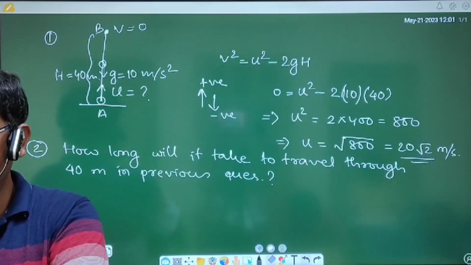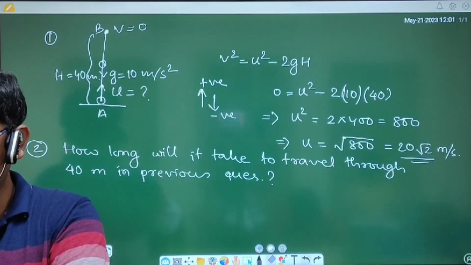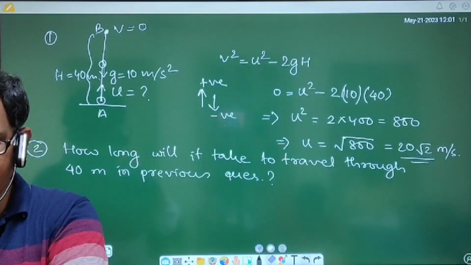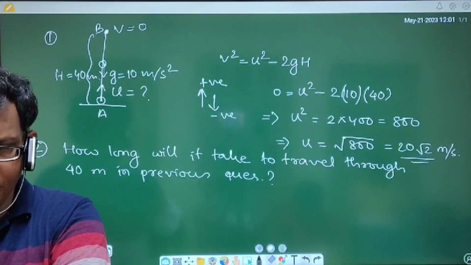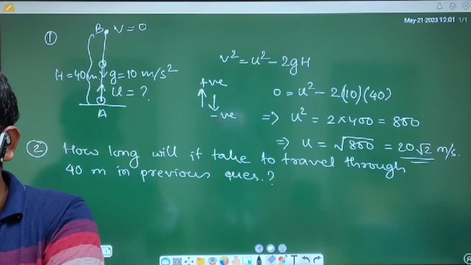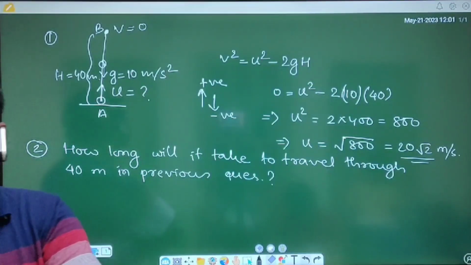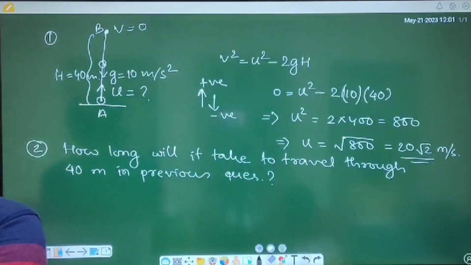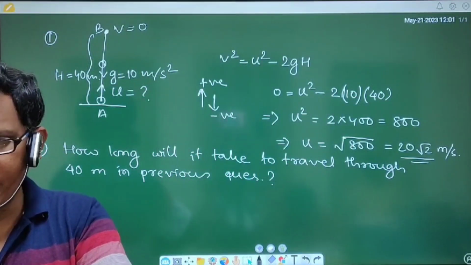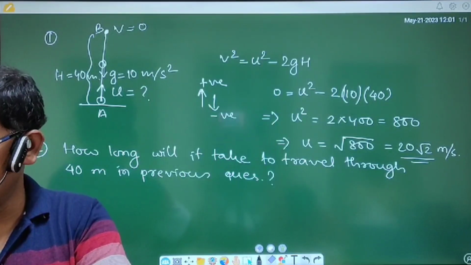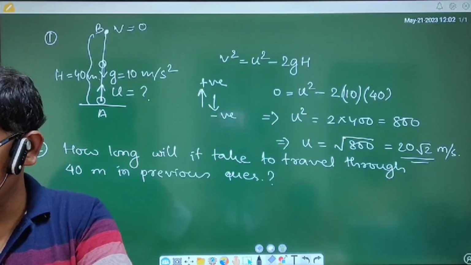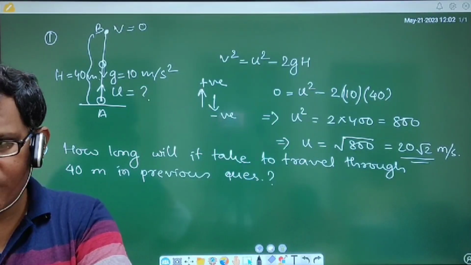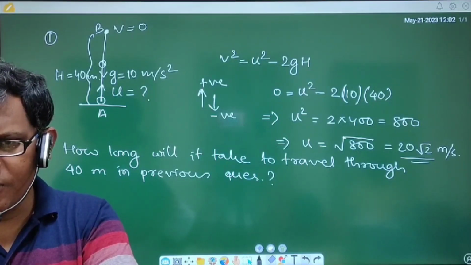Do we know v is equal to u plus at as one formula? Have we used this formula in doing a few problems previously? What did I say? V is equal to u plus at can be used whenever a particle is moving under constant acceleration. So here the particle is definitely going against constant gravitational acceleration, right? So acceleration is constant during the motion, though opposite in direction to that of the motion. Yes or no?